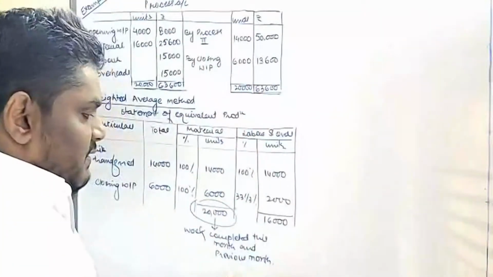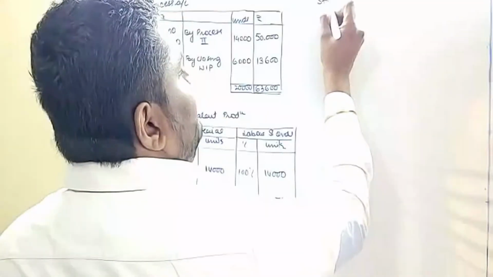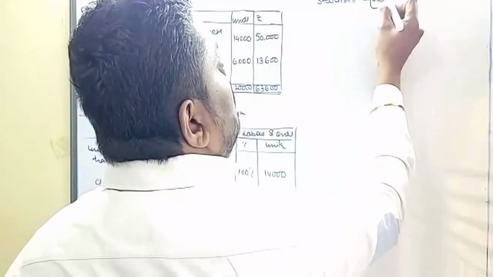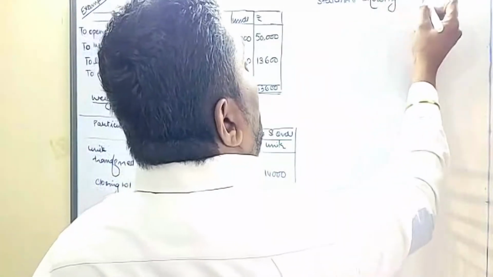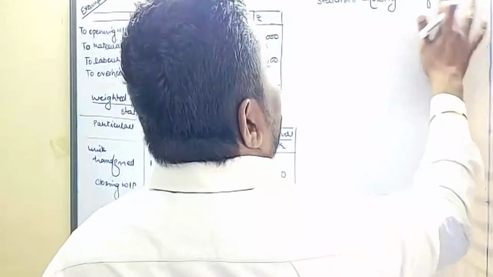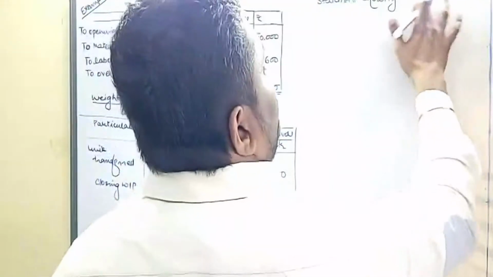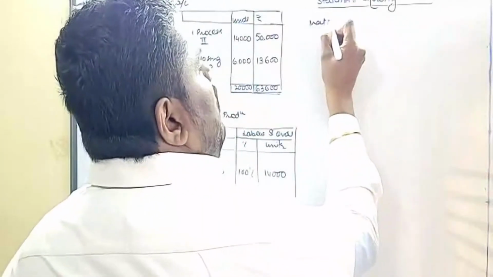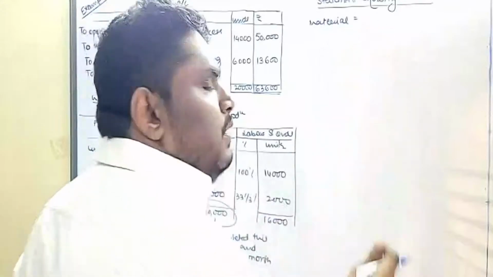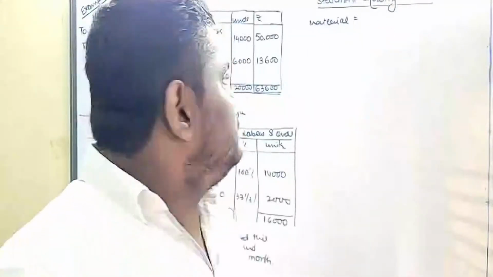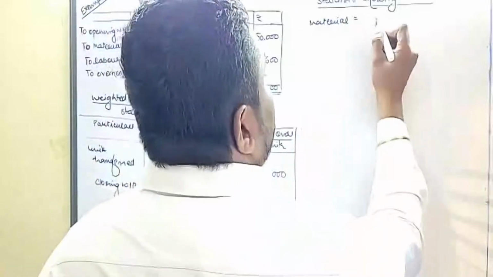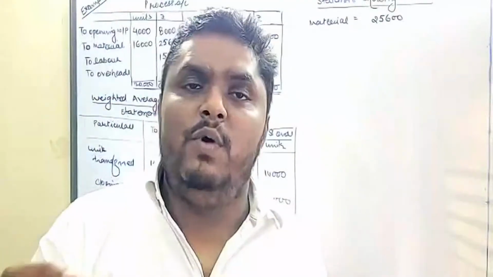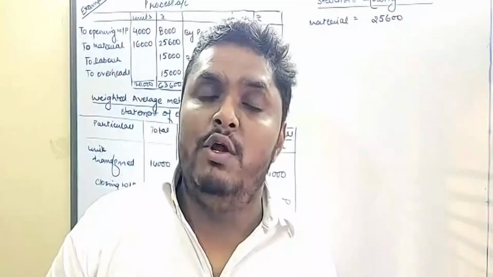So herein, when talking about the statement showing cost per unit, when talking about the material part, the cost incurred during this month is 25,600. This represents the cost that is incurred during the month of January.